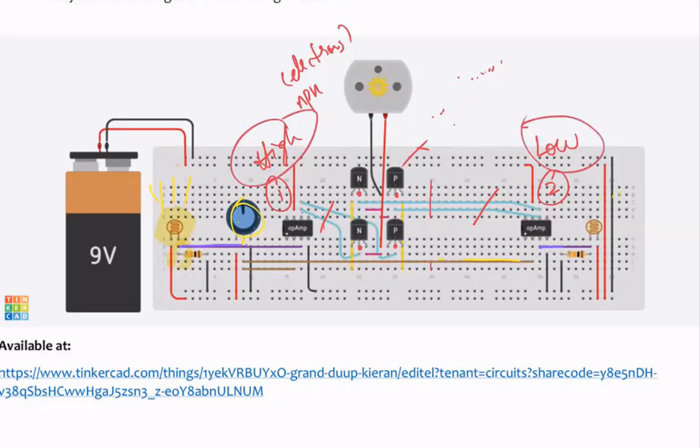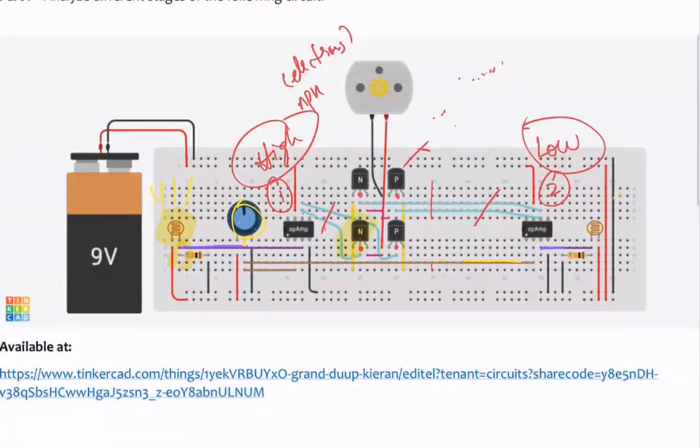All right. So the output of the second comparator is low, and the output of the first comparator is high. In this case, Q1 and Q4, which are basically this transistor and this transistor, will be on. And when they are on, the resulting current rotates the motor in a clockwise direction.